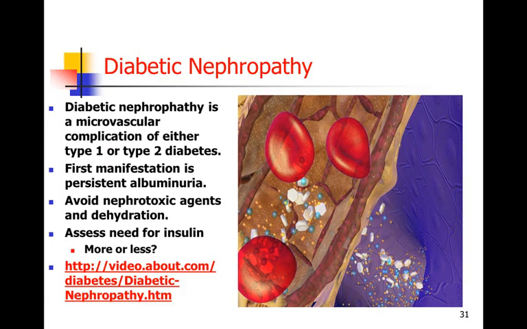Unfortunately, as this starts to occur and as your renal function goes down, you may see patients that don't suddenly need as much insulin as they did, because remember that the kidney excretes insulin.